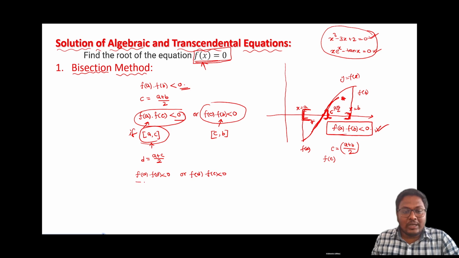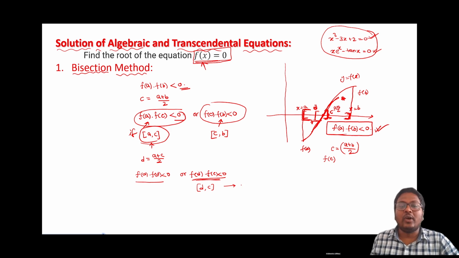Whichever satisfies the condition, the root lies in that interval. In this picture, maybe this is your d and this condition is satisfied, so your next interval is d to c. Like this, your interval is going to the root. It is converging to the root.